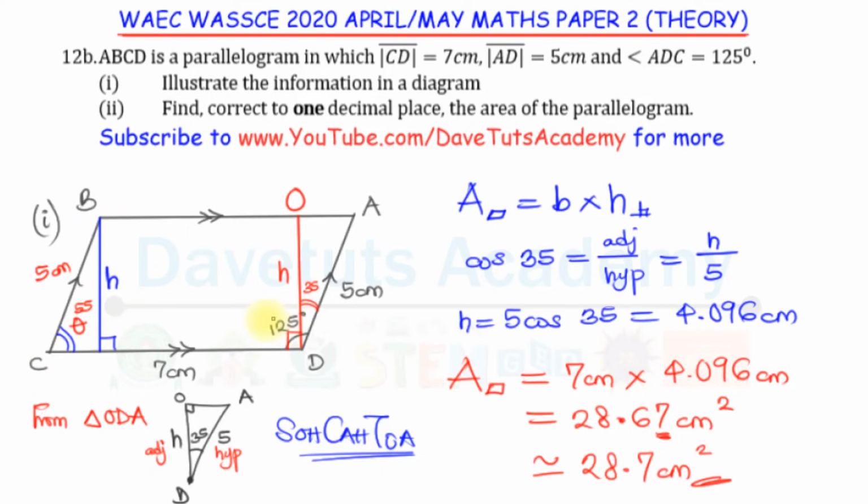So instead of using cos, we will now be using sine, which is opposite over hypotenuse, and we'll still find the value of h to be 4.096, and then we can multiply the areas to be 7 times 4.096 and still arrive at the same answer as 28.7 centimeters square. All right.